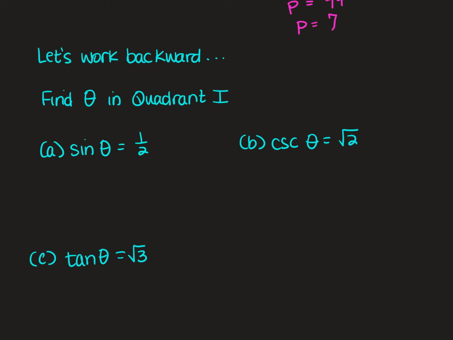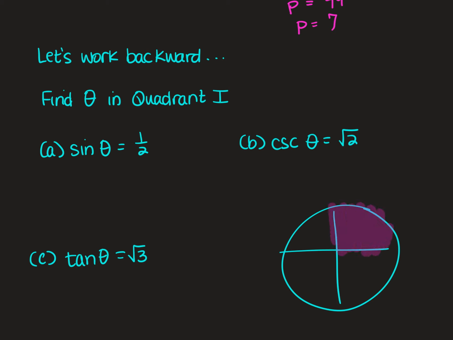Okay, so thinking about our unit circle, we're only concerned about the angles in that first quadrant, so here. So if I'm asking you to figure out when is sine 1/2, looking at your angles in quadrant 1, you're looking for when is the y value 1/2.